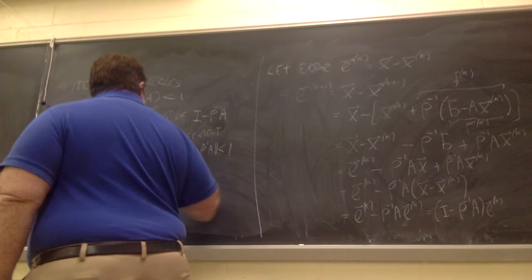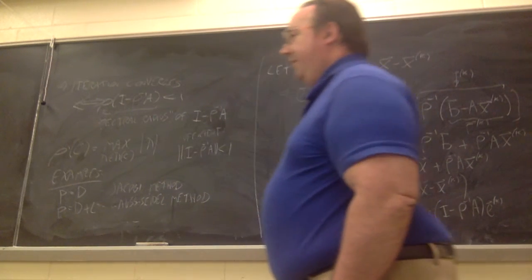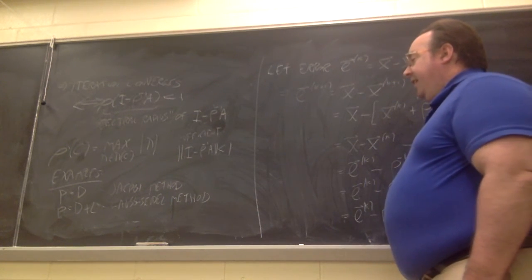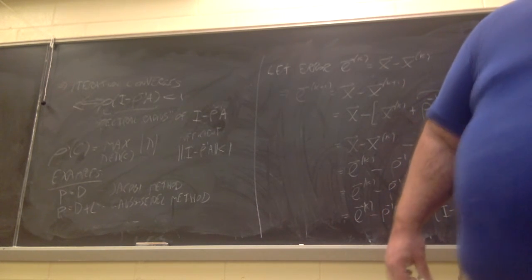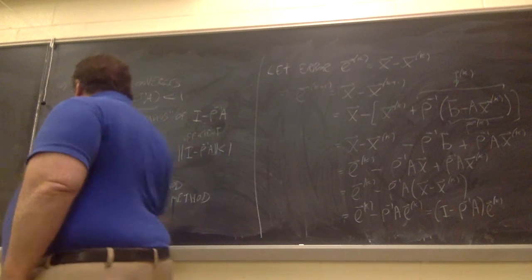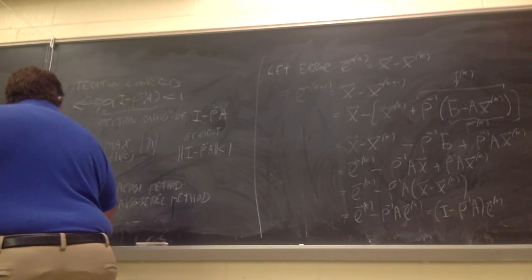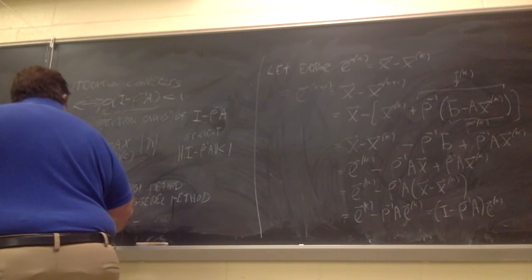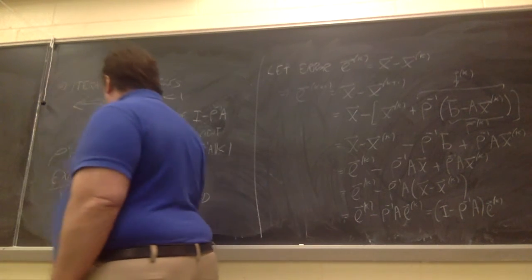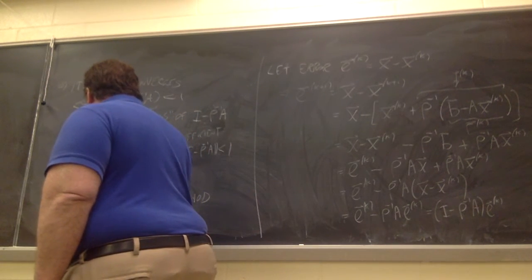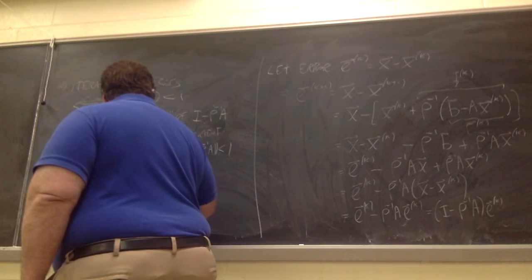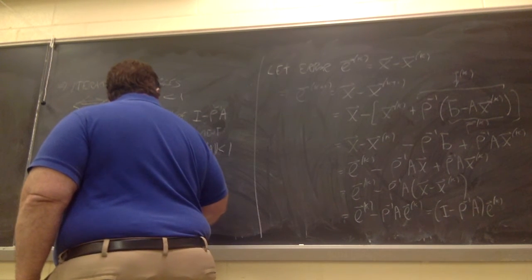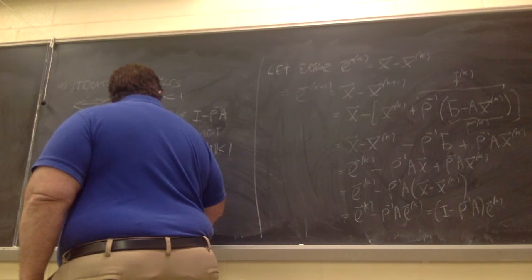These methods are normally covered in 461, 561. And then there's one more. P is equal to D plus some parameter omega times L. That is called SOR, which stands for successive over-relaxation.